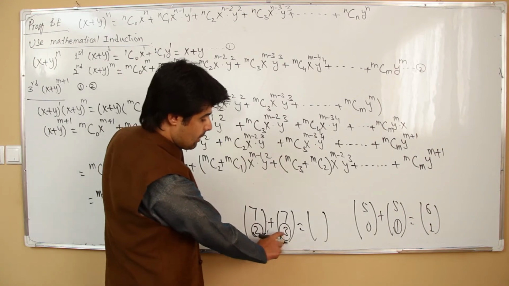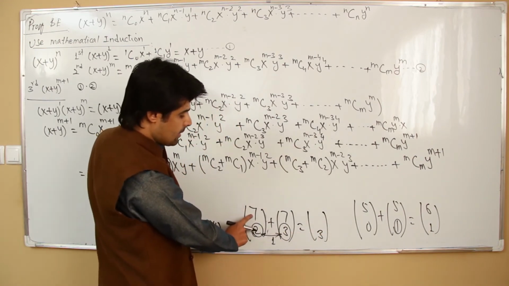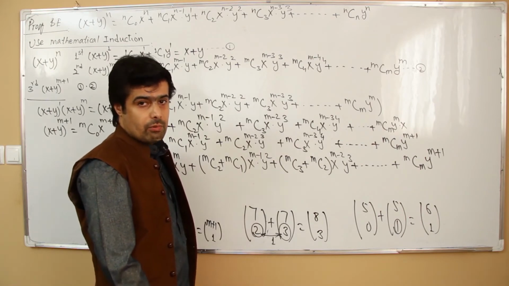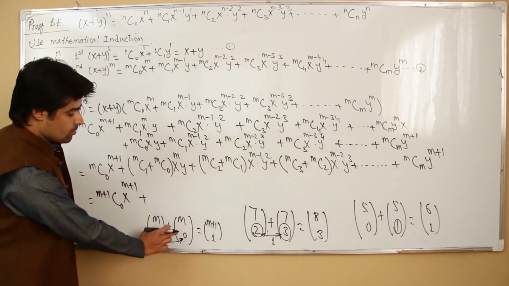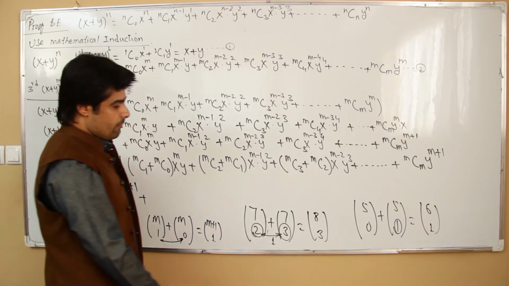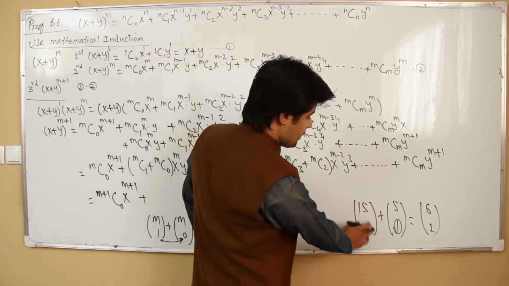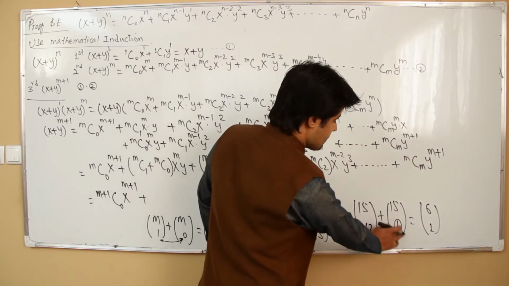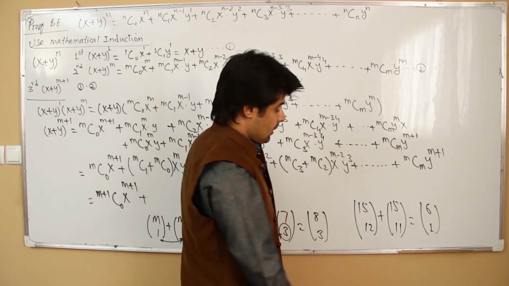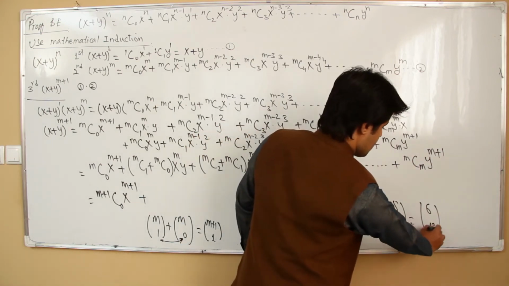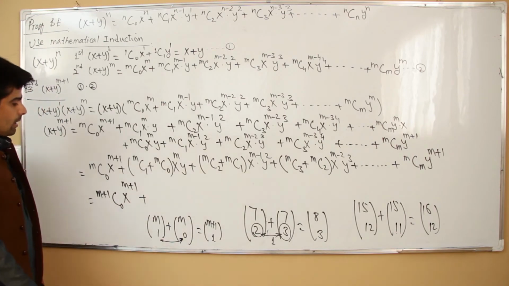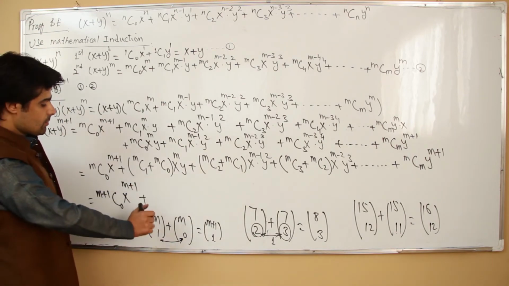So pick up the largest, it's 3, and add this one with one more, it is 8. Am I right? I mean, try to use this formula. In here, if we have, for example, 15 by 12 and 15 by 11, now pick up the largest one. The largest one is 12, and this 15 is added by one more, 16. It means you can use this formula here.